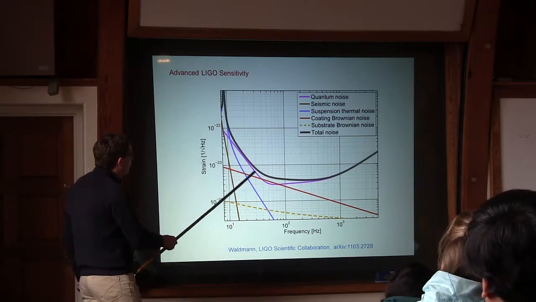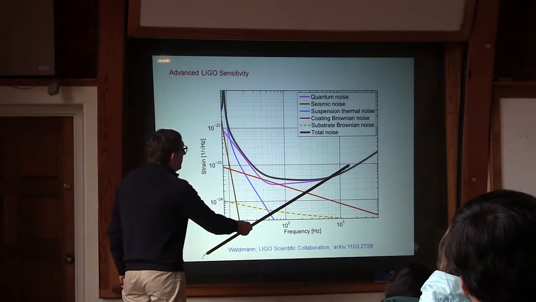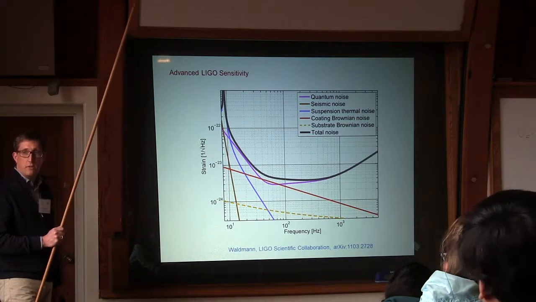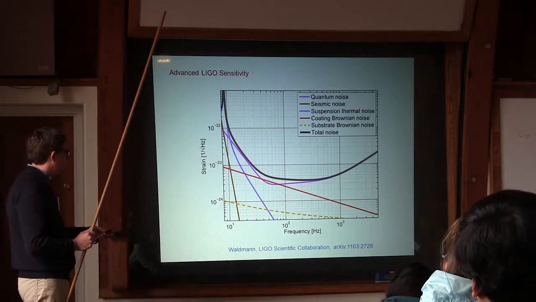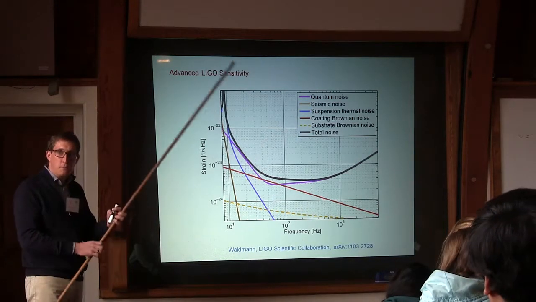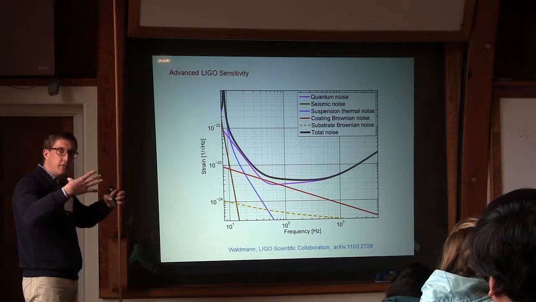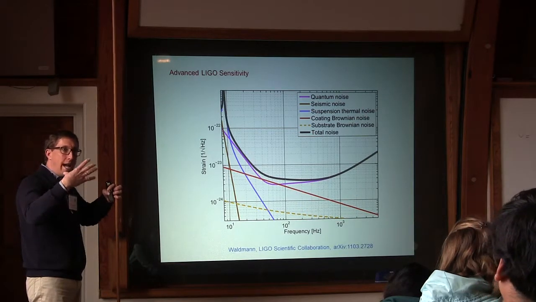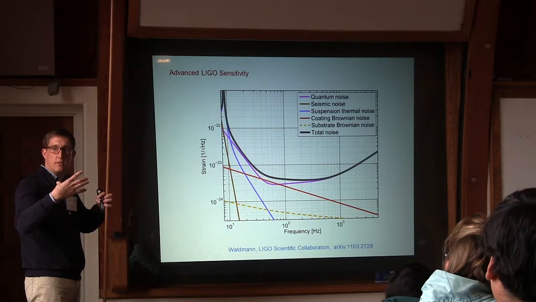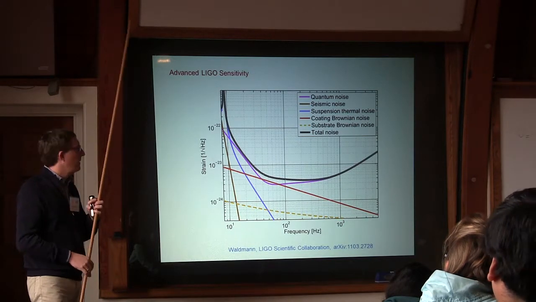And the total noise should be limited by quantum noise, so should reach the standard quantum limit over a broad range of frequencies in the next generation of detectors. Which is remarkable, because that says we sense the motion of these kilogram-scale mirrors at the quantum limit. You cannot make more precise measurements, not without little tricks.